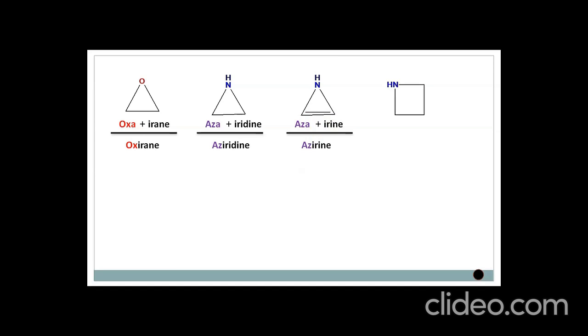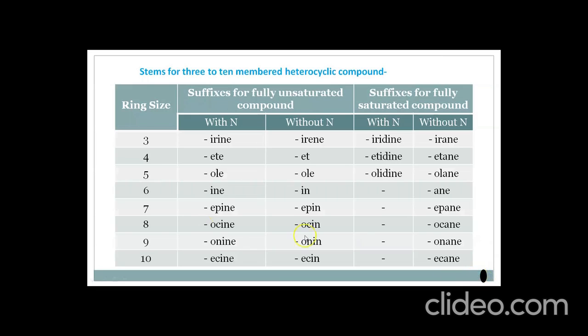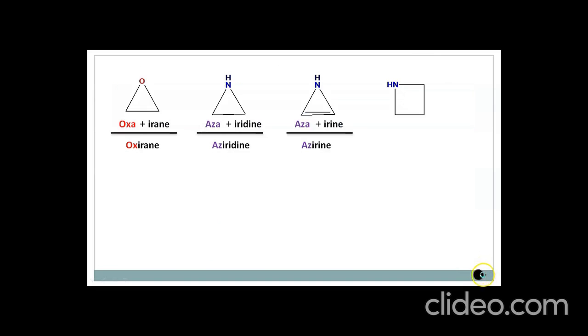Same for the next one. It is a 4-member ring which is completely saturated. Look here, it is a 4-member ring, saturated and with nitrogen. So you have to use this stem etidine. So for nitrogen, aza plus etidine. So the name is azetidine. Next, here the ring size is 5 and it has heteroatom oxygen.